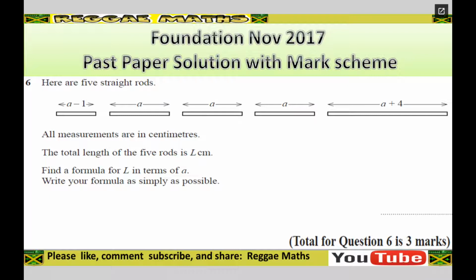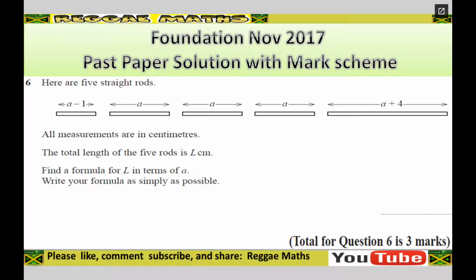Now this question here, it says here are 5 straight rods: a minus 1, a plus 4. All measurements are in centimeters. The total length of the 5 rods, right? Find a formula for L in terms of a. Write your formula as simply as possible. So if we write this out, it says total.